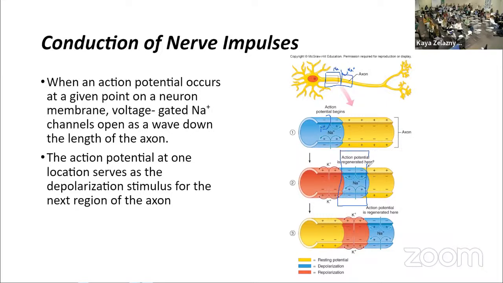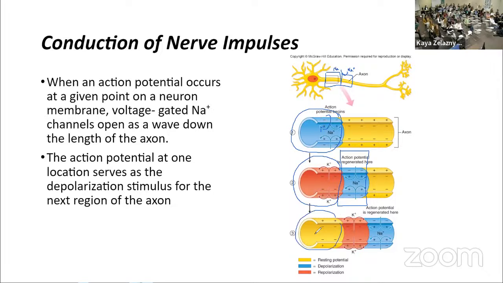So now our action potential is happening here in this second patch of membrane. This is happening at the same time as our original patch is repolarizing. We can see in time that this first patch spikes up to positive 30, depolarization. Now it's sinking back down as potassium leaves, repolarizing and then hyperpolarizing, and then eventually coming to rest.